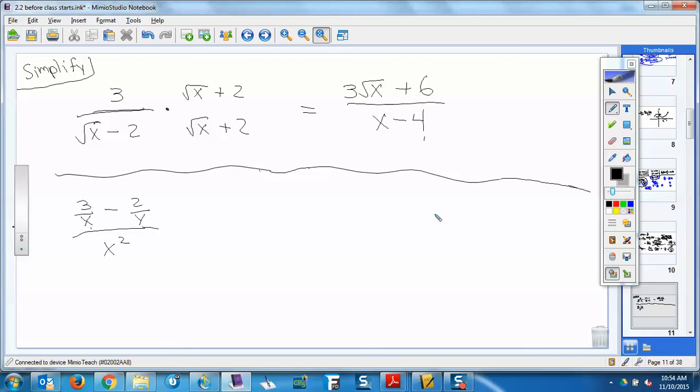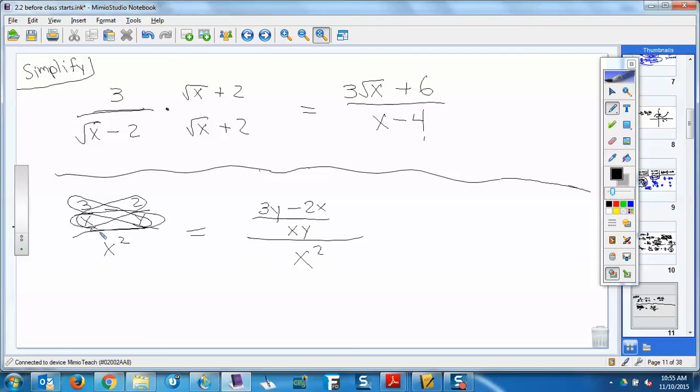Okay? And then I gave this problem right here. So, just an algebra example. So, what would I get on top if I bow tie? Well, if I bow tie here, I'll have 3y minus 2x all over xy, which is the bottom multiply.